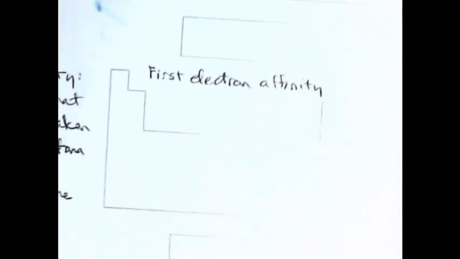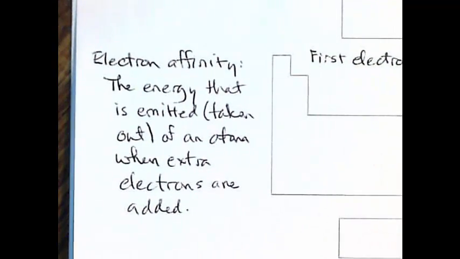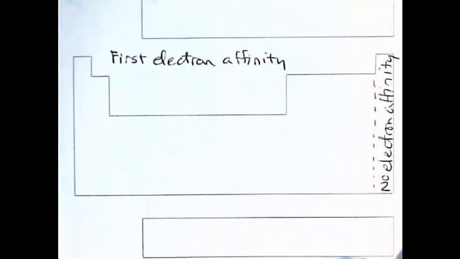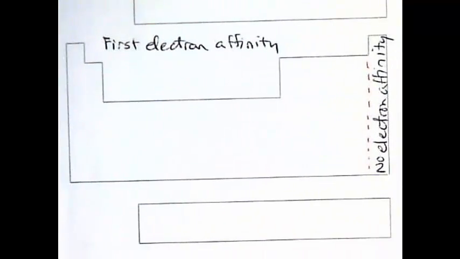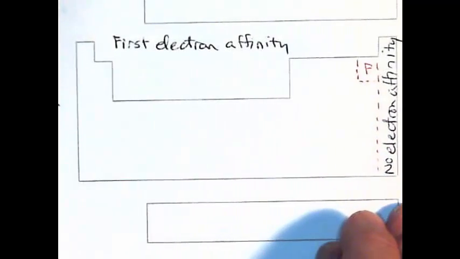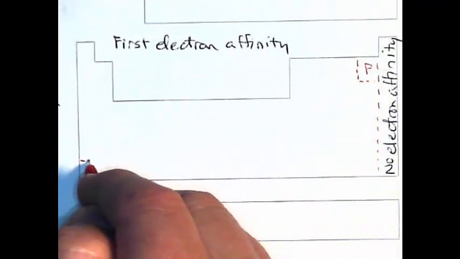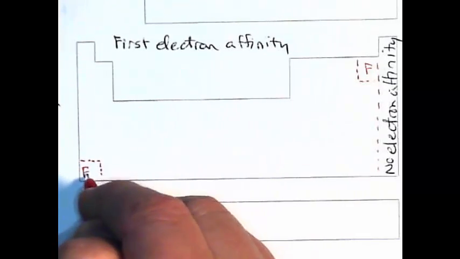Can you go back to the definition, please? The energy that's emitted or taken out of an atom when extra electrons are added. That's the definition. So the atom that pulls on electrons the most strongly in electronegativity is also the atom that gives away the most energy when an electron is added, for the same reason. So fluorine is our atom that has the highest electron affinity, gives away the most energy, and francium gives away the least energy.